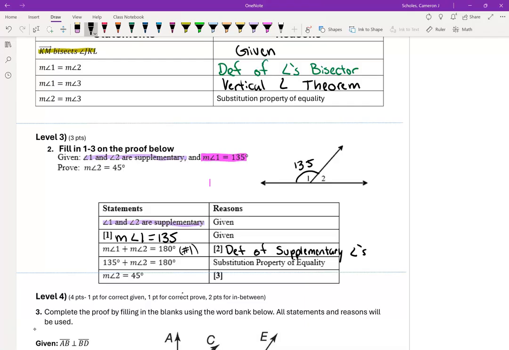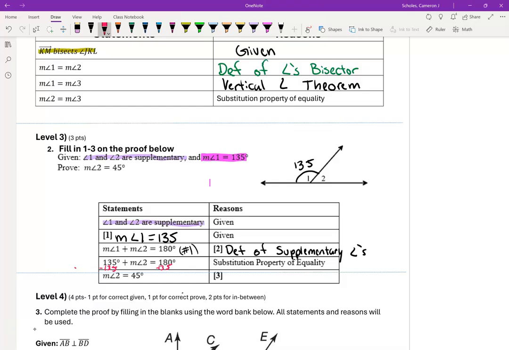What we did here is we already knew what our angle 1 is, which is 135, so we substituted. And now to get angle 2 by itself, as in algebra, we would subtract 135 from both sides. When we put that in the calculator, 180 minus 135 is 45 degrees.